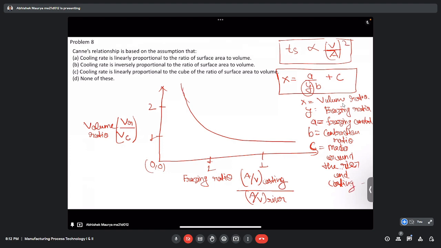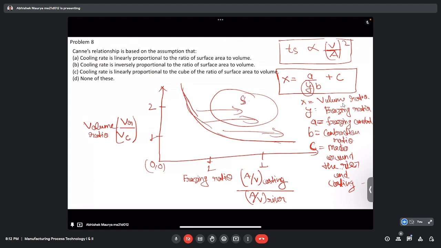So this curve is drawn, and if we design a casting which comes in this zone, the right side of the curve, it means our casting is sound, or has very few defects.